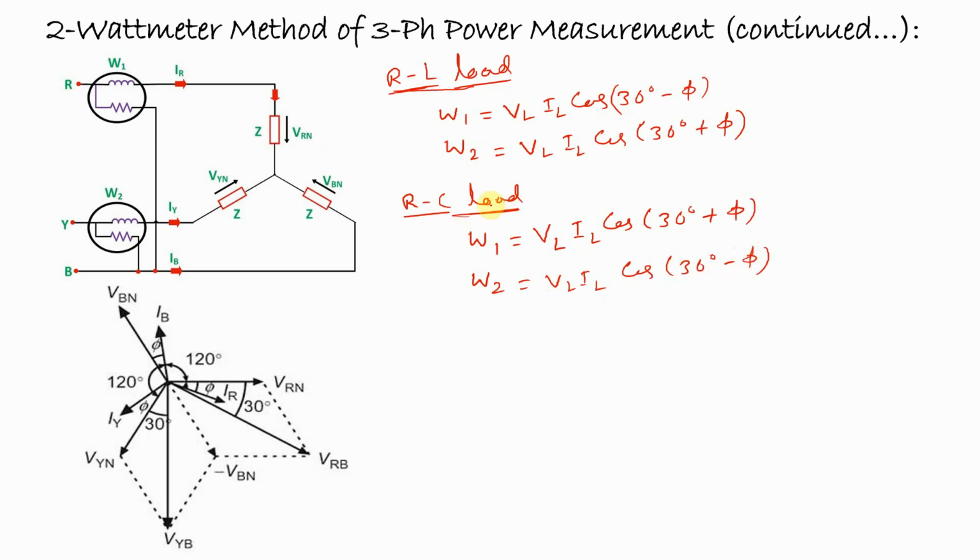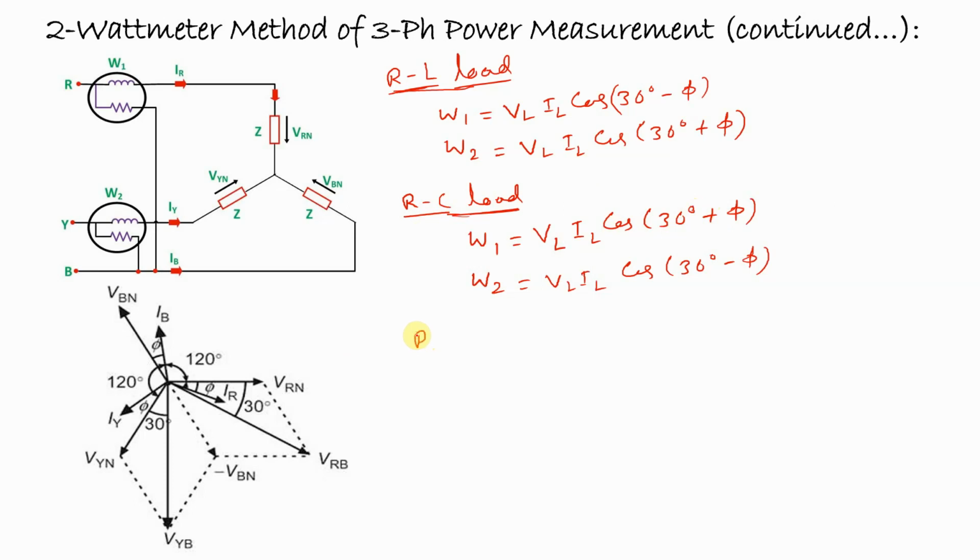So we have to carefully see the nature of the load. Then only we can use the formula to find the readings of the individual wattmeters. For RL load, W1 will be 30 minus phi and W2 will be 30 plus phi. And for RC load, the signs will be just reversed.